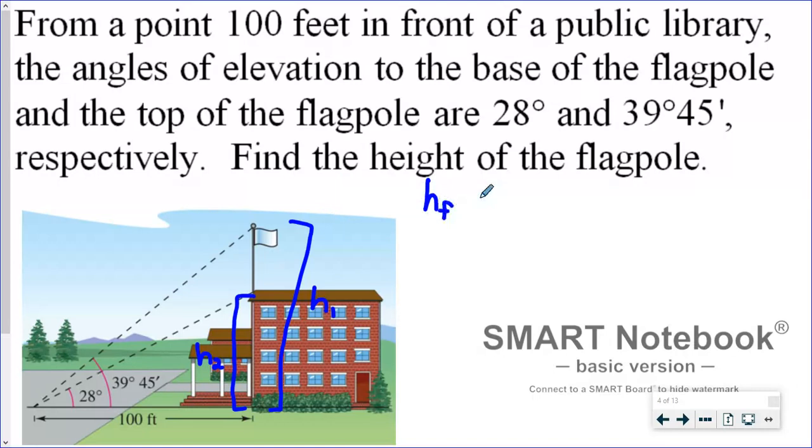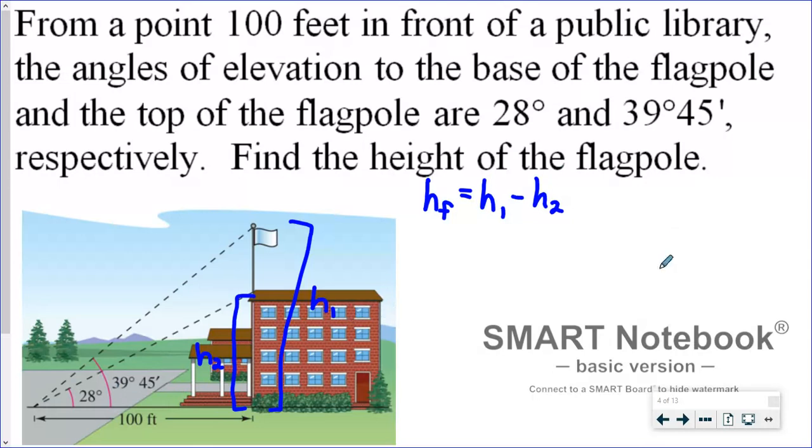The height of the flagpole would simply equal H1 minus H2, the difference in these two heights. So essentially, we're going to look at each triangle individually, this small triangle here and this bigger triangle here, to find my H1 and H2, and then I'll just subtract them to get the height of the flagpole. First I'll go ahead and find H1.